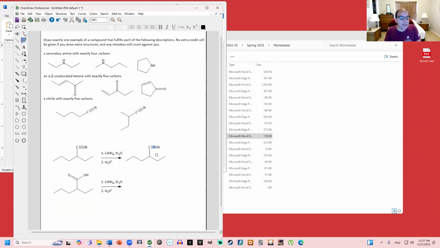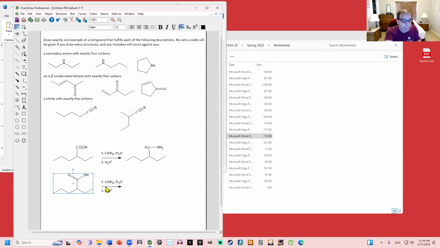And as I speak, we're going to go over this tomorrow in class. But nitriles get reduced by lithium aluminum hydride to form the corresponding primary amine, which would look like this. It is the same number of carbons. Naturally, that's not the only correct way to draw it, but that would be the correct answer.